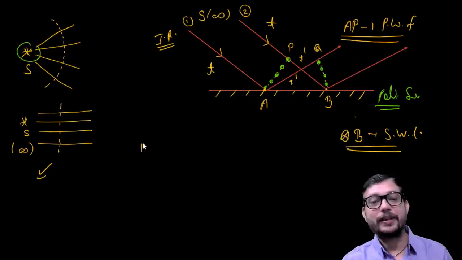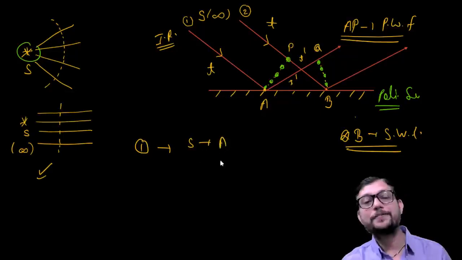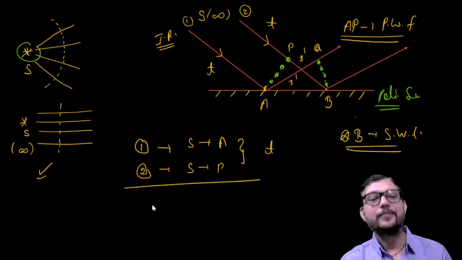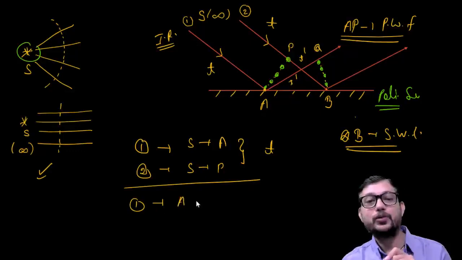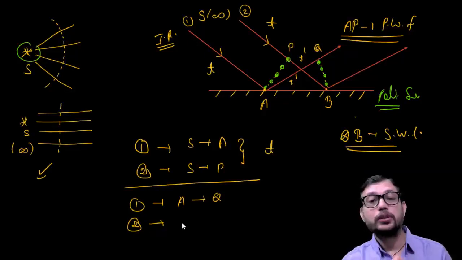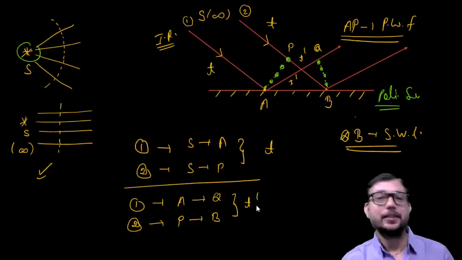For ray 1 from source to point A, and for ray 2 from source to point P, the time is t, meaning equal. In the same way, for ray 1 from point A to Q, and for ray 2 from point P to B, the time is t dash, meaning the time will be the same.